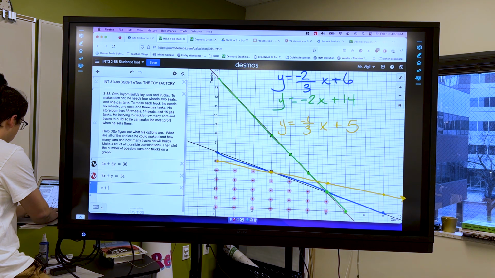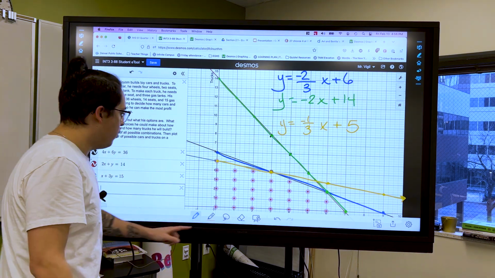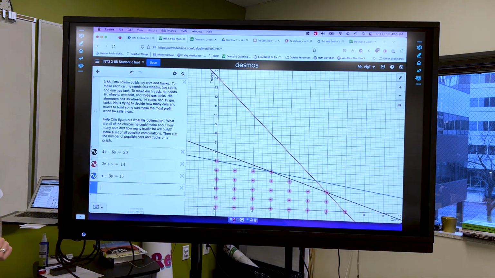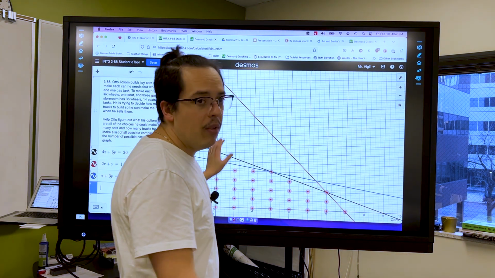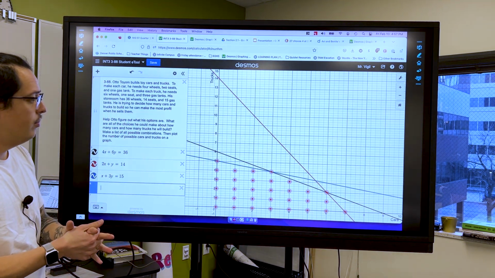And x plus 3y equals 15. Once I clear this work up, let's take a look at that. Desmos gave us the same lines that we figured out with our slope-intercept form.